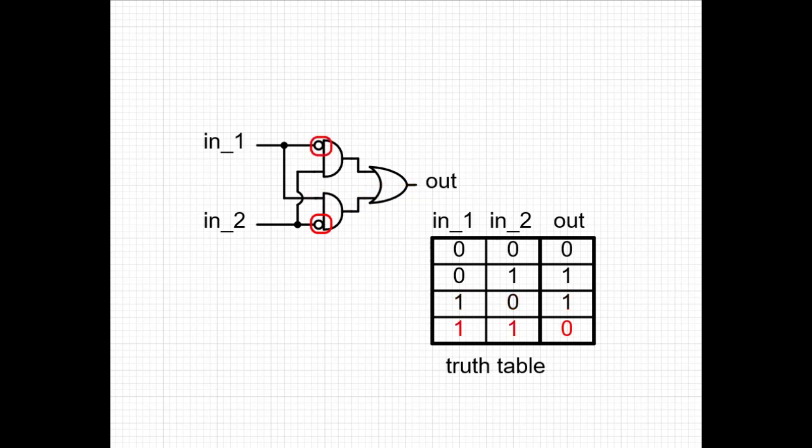And finally, when both inputs are high, the inverted inputs of the AND gates are blocking. Notice that the output is active only when the inputs are different. We call this an XOR function, and this is the gate symbol.